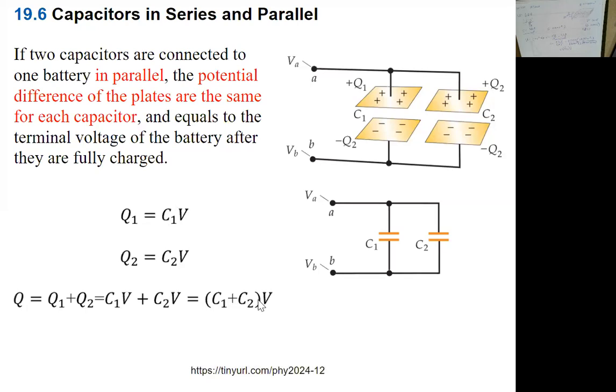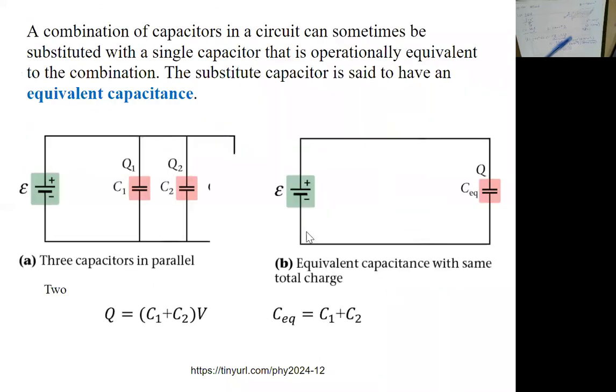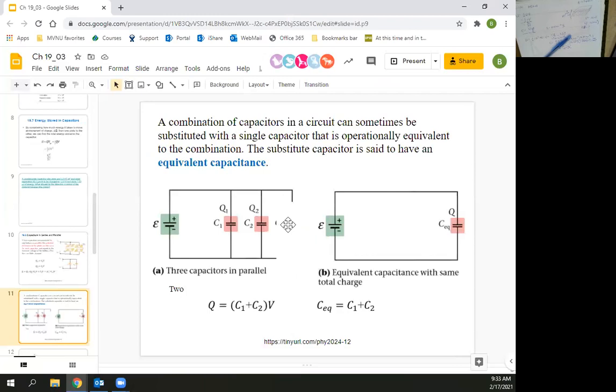So if you treat the two capacitors as a combination, you can replace it with an equivalent capacitor. Let me just focus on these two and block that one.